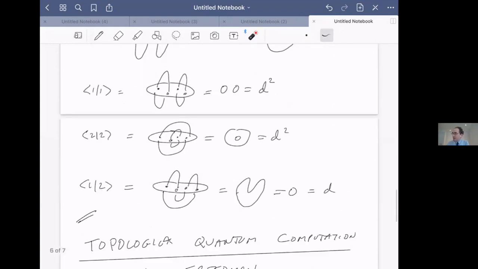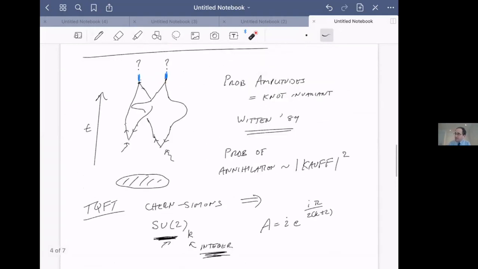Let me put it this way. When you slice this in the middle, you have a picture that knows about everything that happened at an earlier time. That goes into the bra, and everything that happens at a later time has to go into the ket. So when you squeeze them together, you make a closed knot, with everything on the earlier side on one half and everything on the later side on the other half, and then the result has to depend only on the topology of the knot that you form.